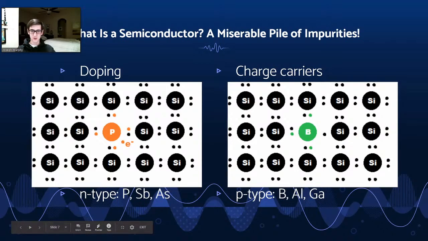Another thing with holes is that we can consider them kind of a particle, if you want to think of it that way, with a positive charge. But if you track the movement of the electron, like in the earlier example, if we move the boron's electron from the top bond to the right bond, the electron has moved down and to the right.